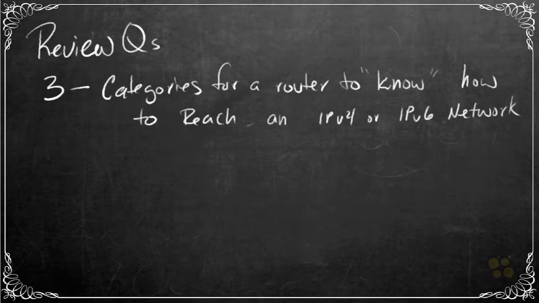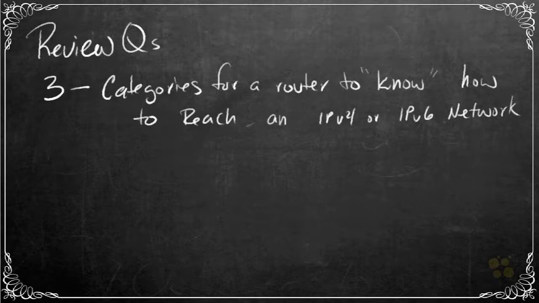Now, as I wrote that out, that should have given you a moment to consider that. And as we look back on how a router learns about networks and how to reach networks, there's three basic categories. One is a directly connected network. The router has been configured, it's connected to network XYZ, and it knows how to reach it. So directly connected is one option.